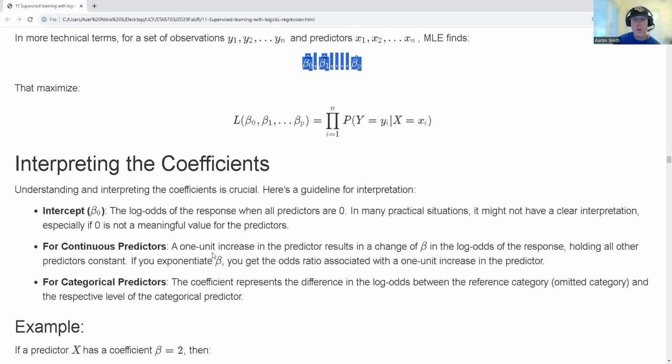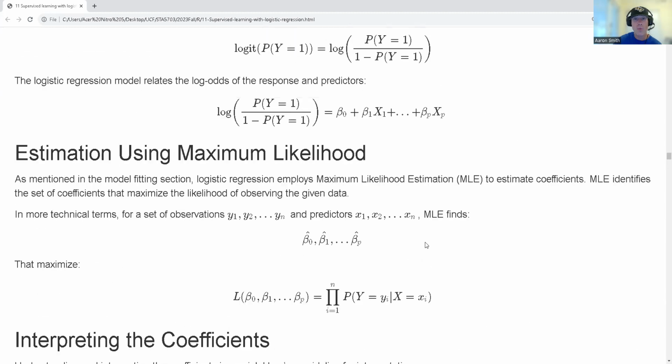All right, so for continuous predictors, a 1 unit increase in the predictor results in a change of beta in the log odds. So check this out. When I look at this presentation, if I was to increase x1 by 1, then what would happen is my log odds would increase by beta 1 by that amount.